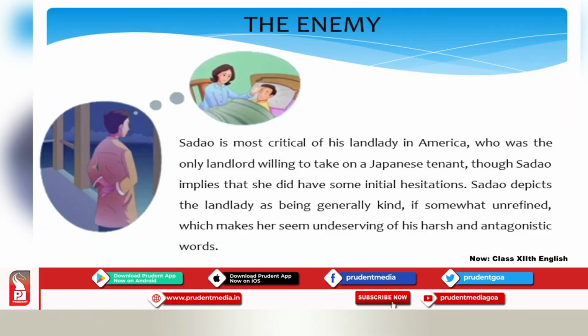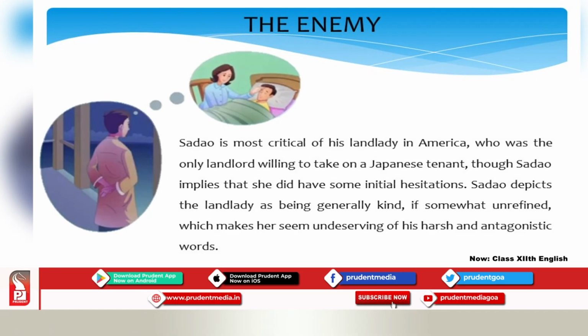Next, Sadao is most critical of his landlady in America, who was the only landlord willing to take on a Japanese tenant, though Sadao implies that she did have initial hesitations. So students, when you travel, when you go to a different place, you need to look up accommodation.